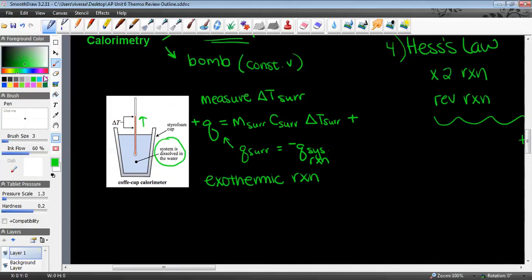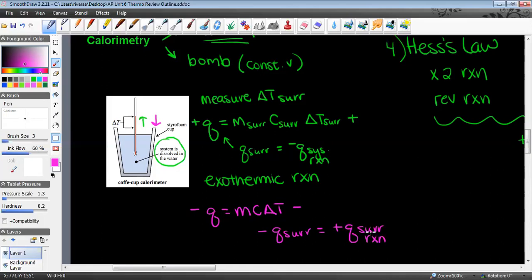If we had the opposite thing take place, like let's say that the temperature dropped, so I'll use a different color here. If the temperature went down, so Q equals MC delta T, we would end up with a negative delta T and a negative Q of my surroundings. So if the surroundings was losing heat, that must mean that the system or the reaction was absorbing heat.